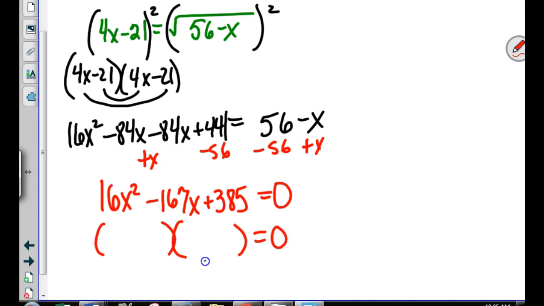Want to do quadratic formula? I don't even know. If we try, what are factors of 385, first of all? 5 times what goes into 385?